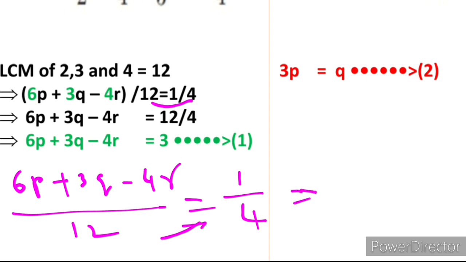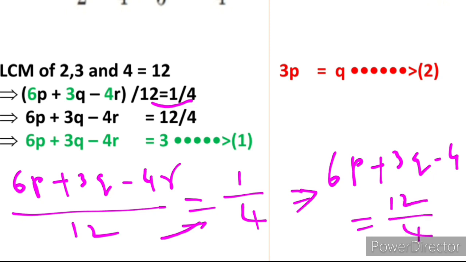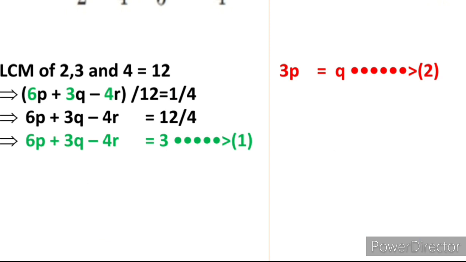Which implies 6p plus 3q minus 4r is equal to 12 by 4. You understand this? Now simplify: 12 by 4 is 3. So we get the first equation in standard form: 6p plus 3q minus 4r is equal to 3. Let it be equation 1.